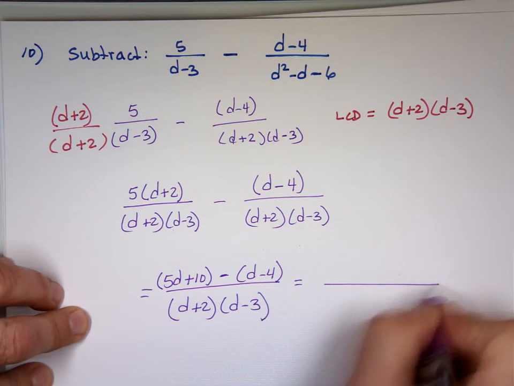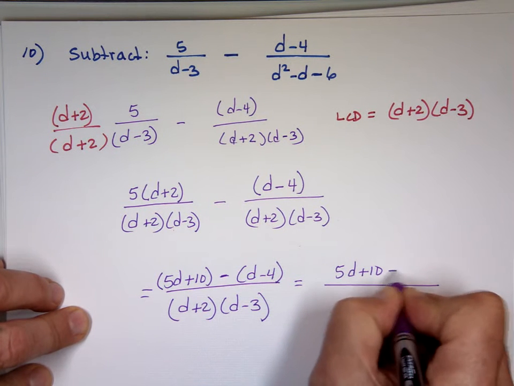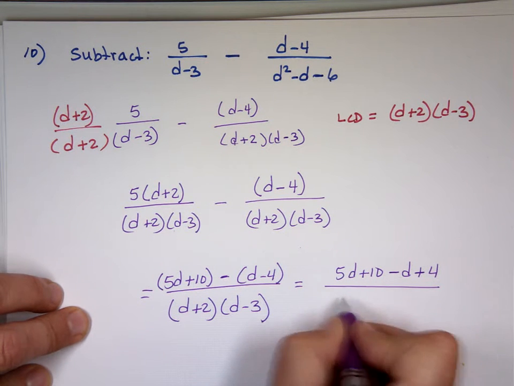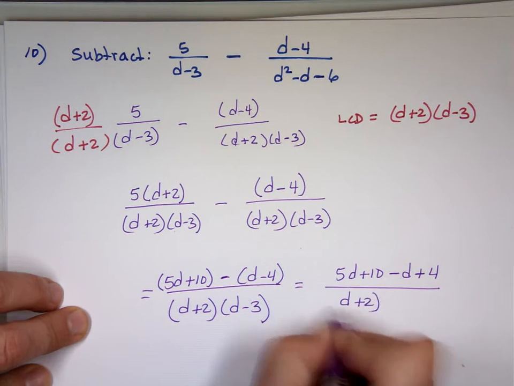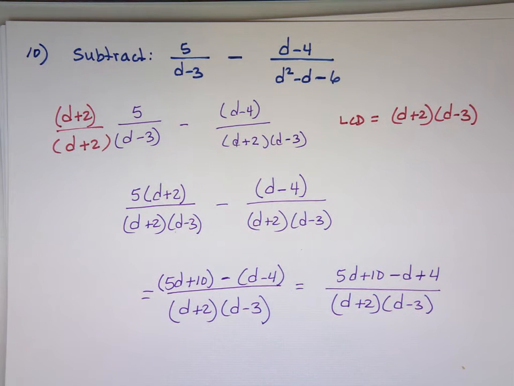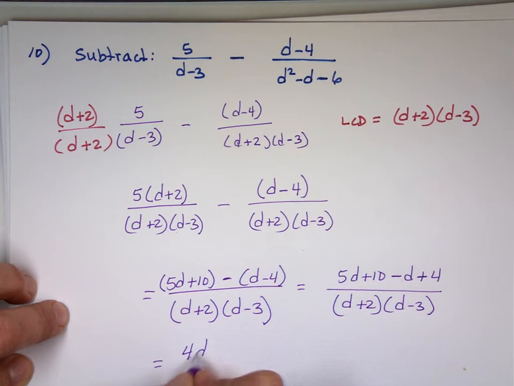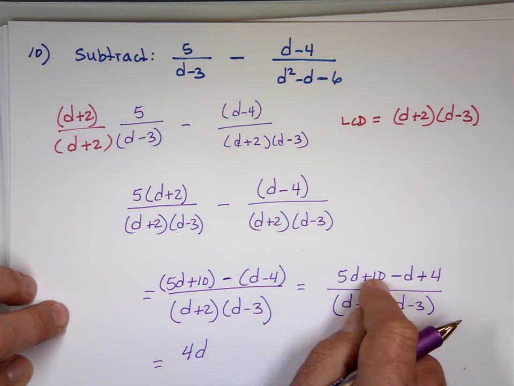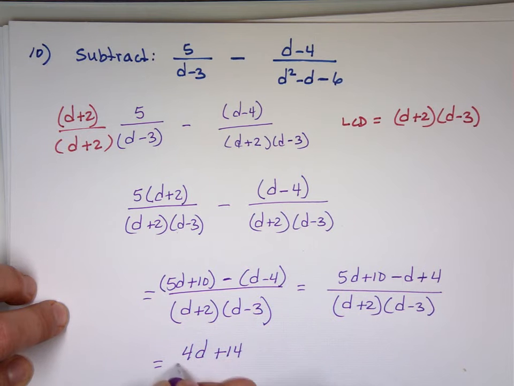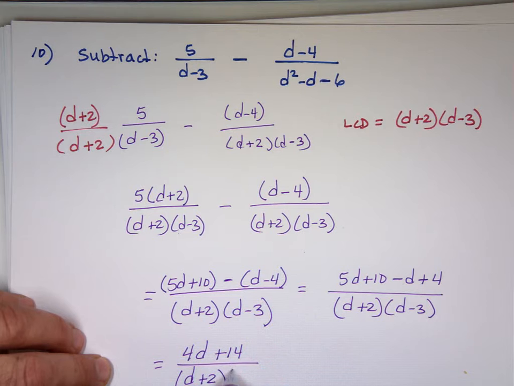That's 5d plus 10. The minus sign is going to change all the signs after that. What's 5d minus d? 4d. What is 10 plus 4? Plus 14 over d plus 2 times d minus 3.